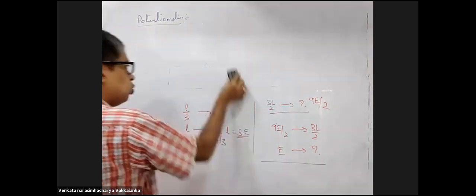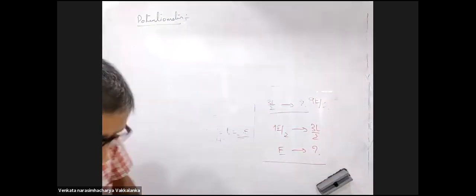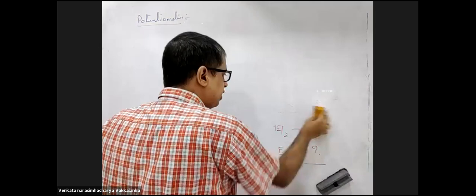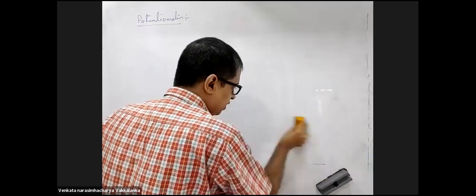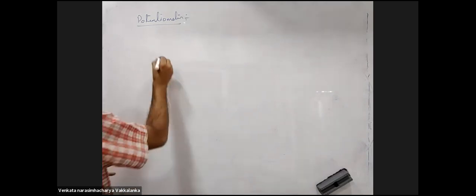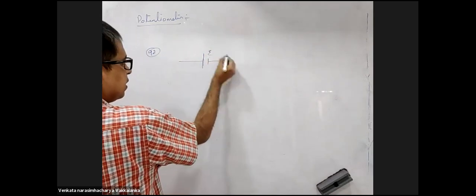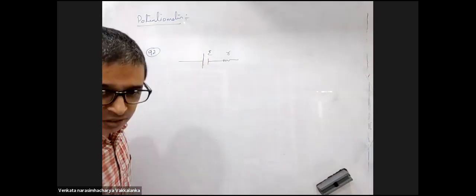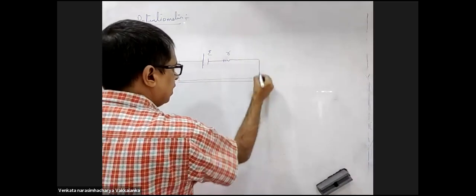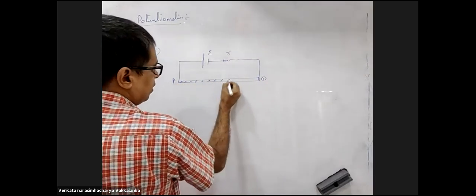Now 92 is a genuine potentiometer question. Look carefully. You have a battery with internal resistance connected to a potentiometer wire like this. This is P, Q. This is the potentiometer wire.